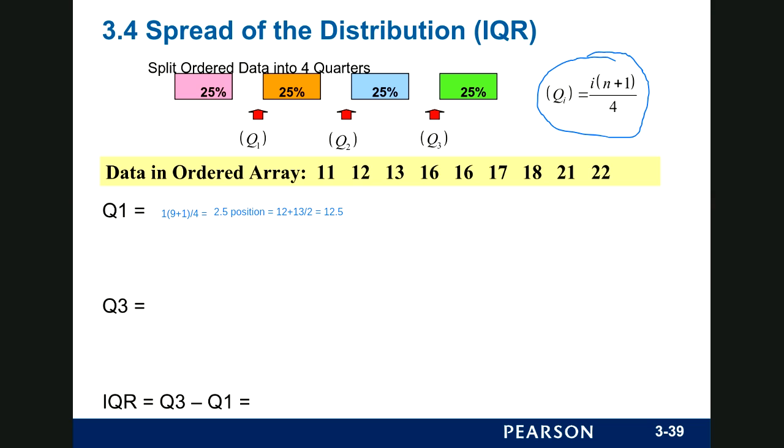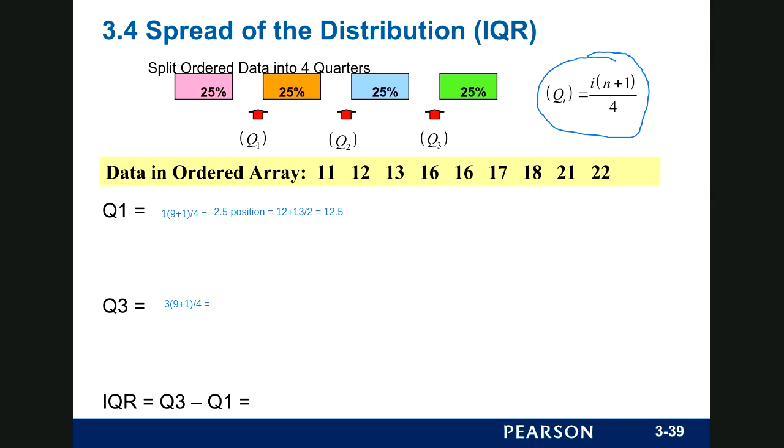So the next one was Tusha, right? So you're doing third quartile, so i is 3 times, and you said n is 9 plus 1, divided by 4. What's the value you got, Tusha? I got 6.75. Let's see.